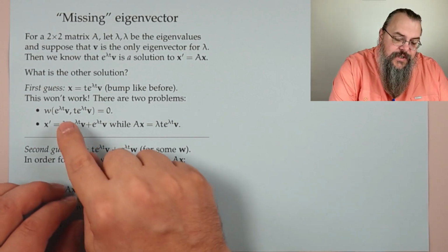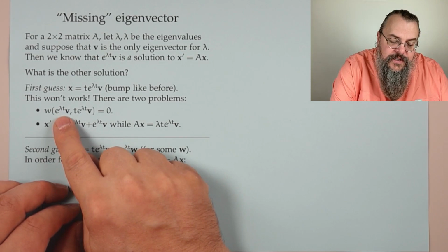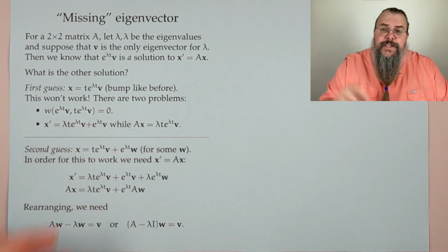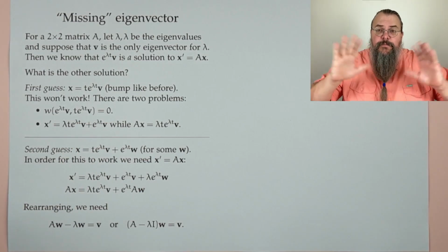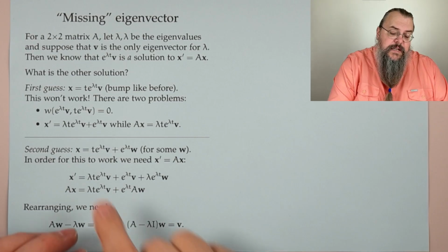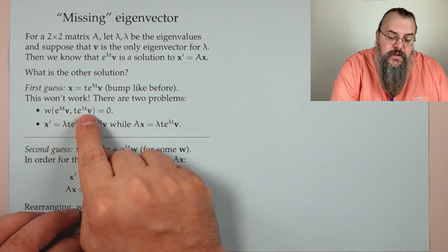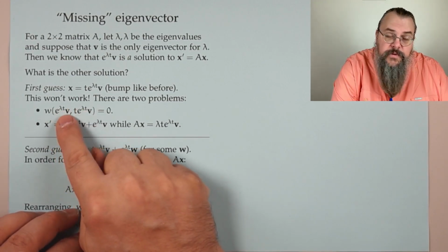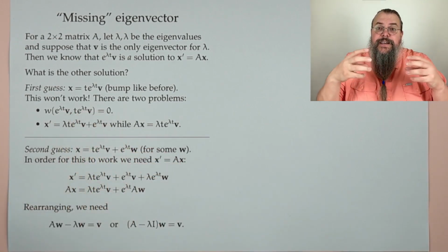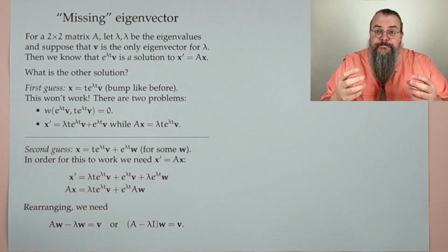The first issue is if you work out the Wronskian, it will always be 0. There's a couple ways you can think about this, but I'm going to do it with a little bit of hand waving, which is to say, if I look at these 2 functions, which are vector functions, they differ by a scaling factor.